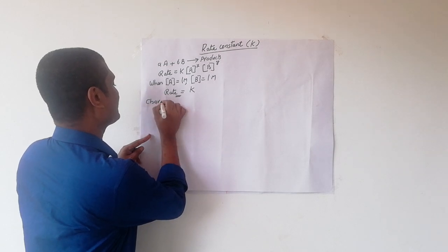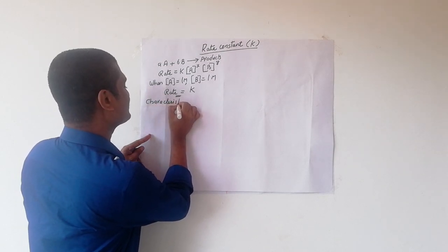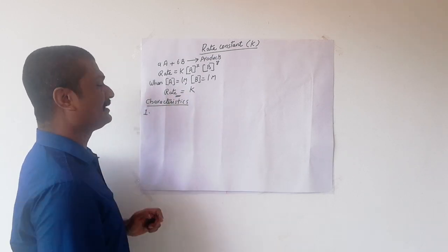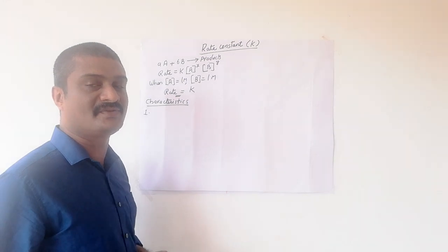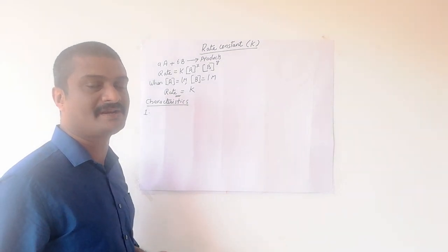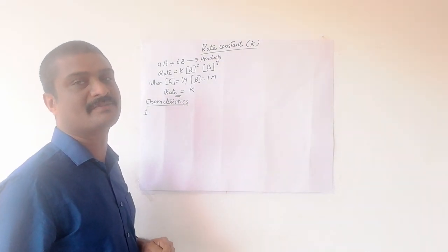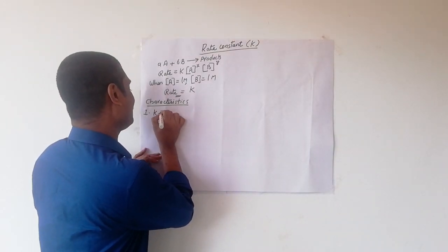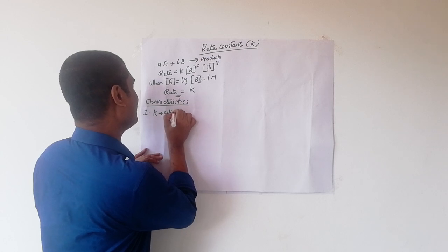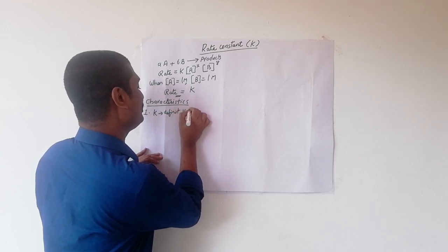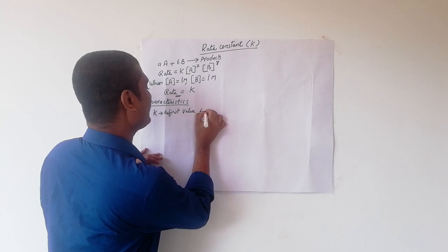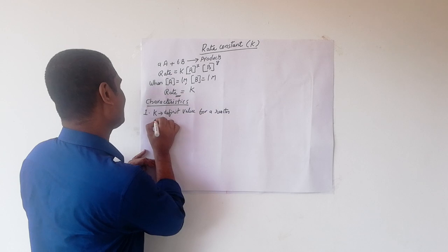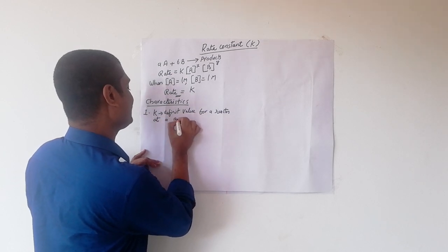Characteristics. Number 1, K has a definite value for a reaction at a particular temperature.